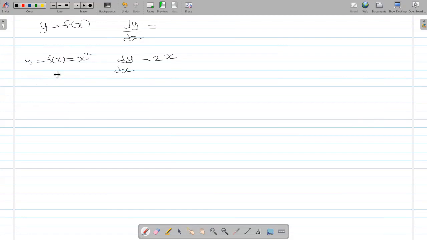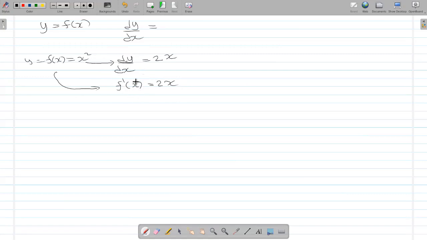The other way to give the derivative is by saying just f dash of x. So f dash of x is 2x. Both of them are notations for giving the derivative. Instead of saying find the derivative, I can say find dy by dx or find f dash x.